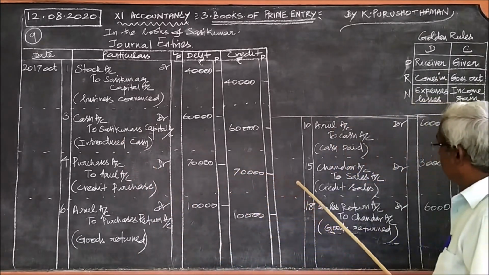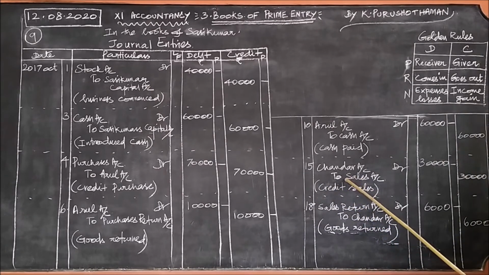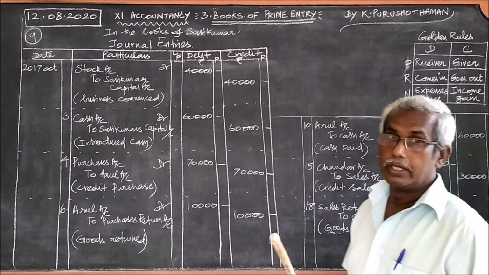Same thing here. When goods are sold away, goods go out. So we write sales account credit, and when the sold-away goods are returned, sales return will be on the debit. So credit sales account, debit sales return account. You should remember this.